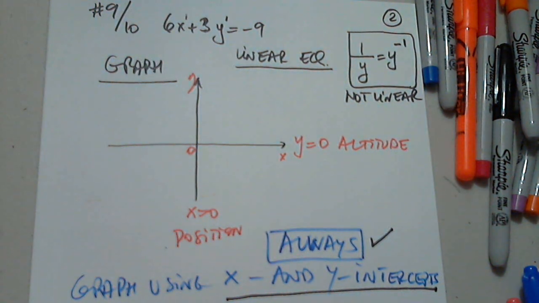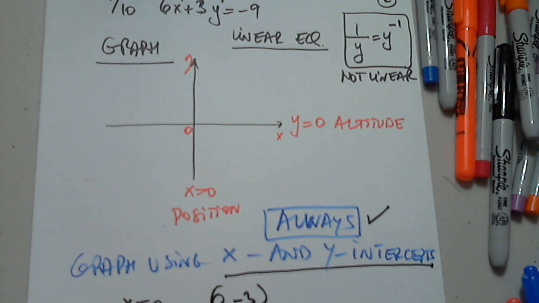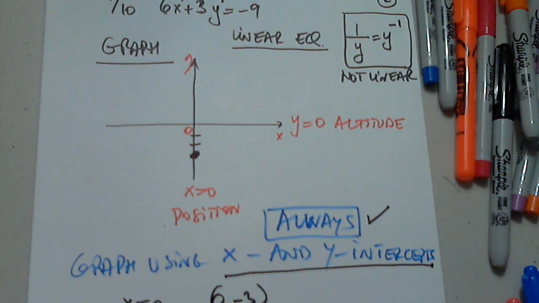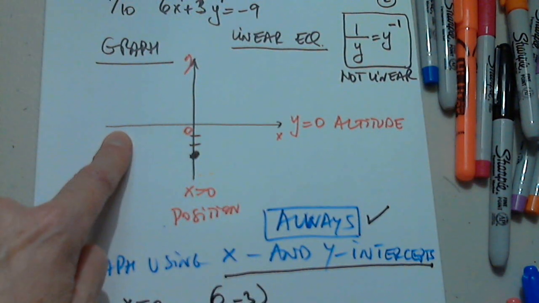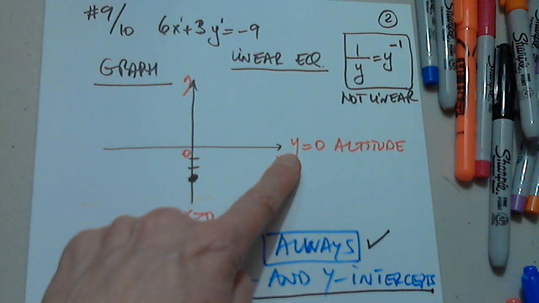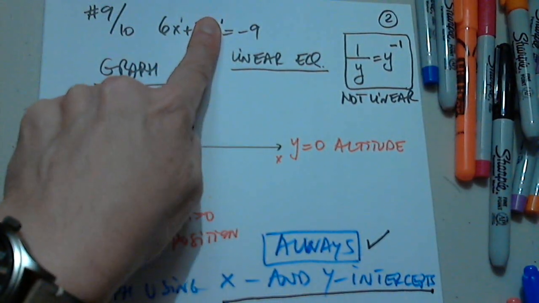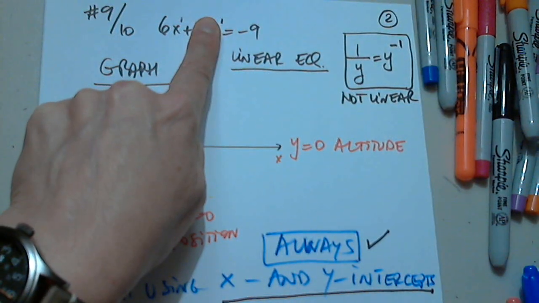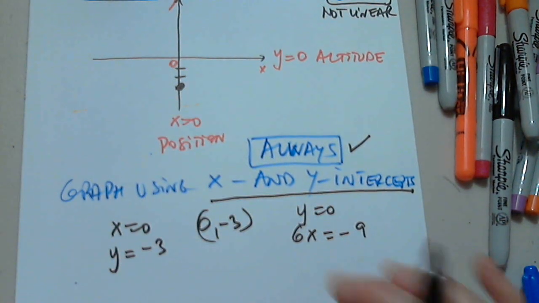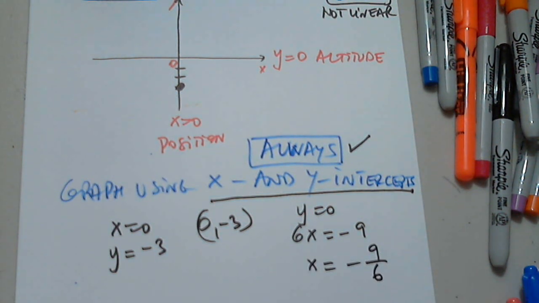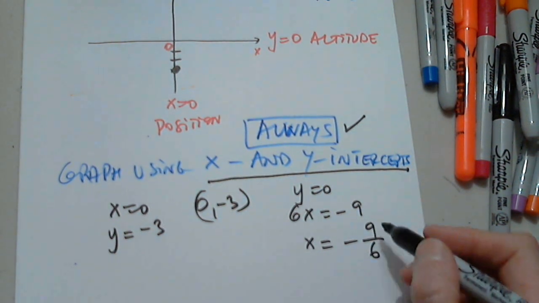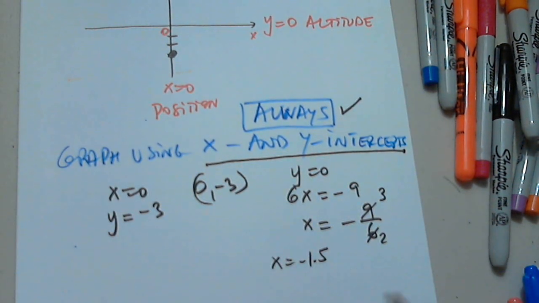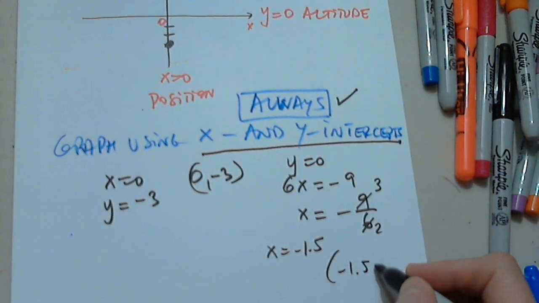So I found the point 0, -3. And now I want to find the x-intercept, so I'll make y equals 0. So y equals 0, how much is x? So I have 6x equals -9, and I have to divide by 6. -9 over 6. Of course, I will simplify by 3. So this is x equals -1.5. So I found -1.5 comma 0.